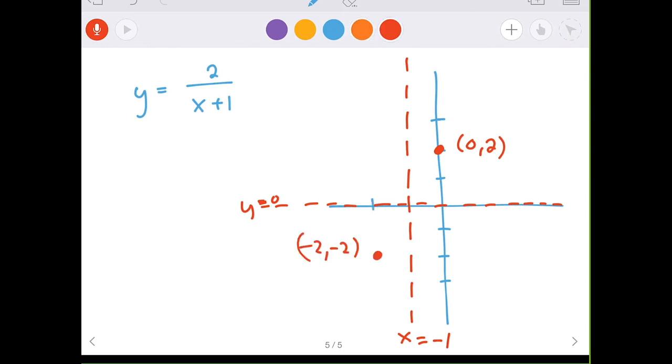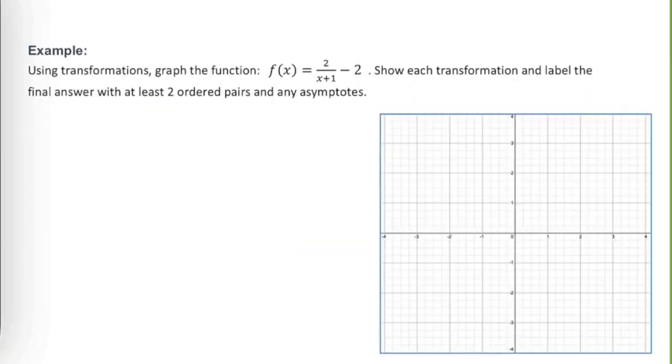So we've moved everything over to the left 1. Now we'll connect the dots and approach the asymptotes. We approach the vertical asymptote x is equal to -1 and the horizontal asymptote y is equal to 0. Approach the horizontal, pass through the point, and approach the vertical asymptote over here. So now what we see is that we have completed the vertical stretch.